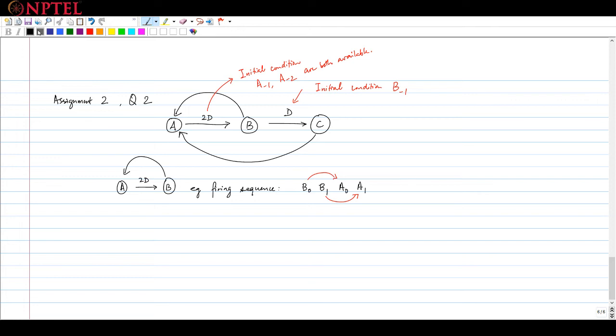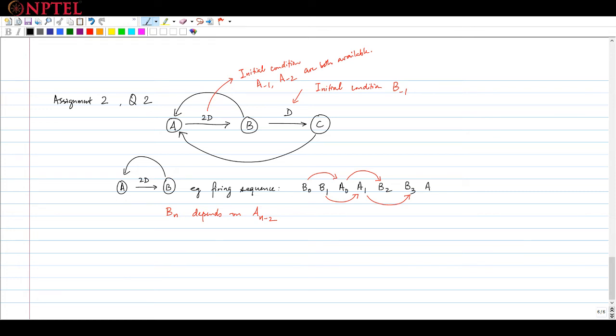Okay. After that, can I do A2? No, because that requires B2 to have executed. But can I do B2? Yes, because this is the condition that needs to be satisfied. B2 can execute only after A0 has executed, right? Effectively what this is saying is, Bn depends on A n minus 2. Which means further that I can go forward like this and say that A1 means that B3 can execute.